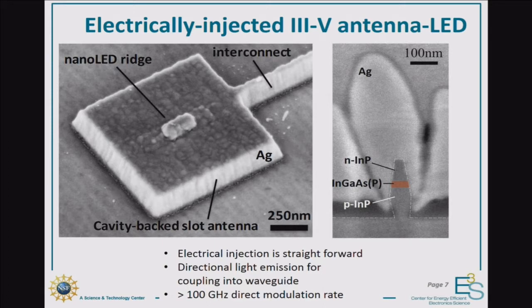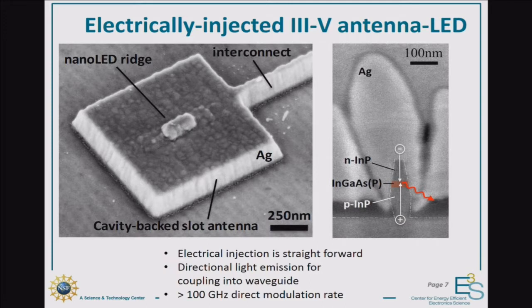Now, there's a number of advantages to this approach, and probably the most important is that electrical injection in this device is straightforward. So what we can do is we can use the antenna metal itself as an N-type contact. So these particular materials are indium gallium arsenide active region cladded by N-type indium phosphide and P-type indium phosphide.